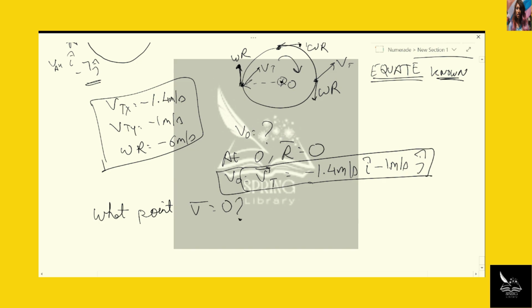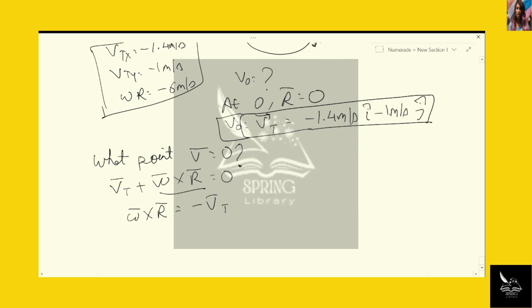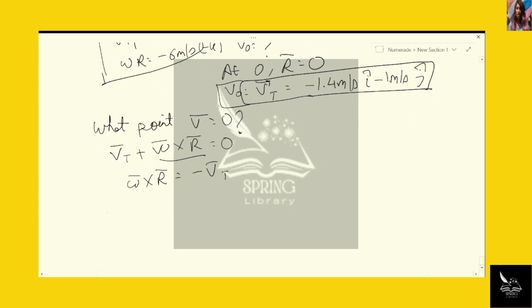So we need to give the position coordinates of the point where the net velocity is 0. For the net velocity, translational plus rotational velocity, which is omega cross r, should be 0, which means omega cross r should be equal to minus Vt. We assumed that omega was along the minus k direction. Let us assume our r to be x naught i plus y naught j.